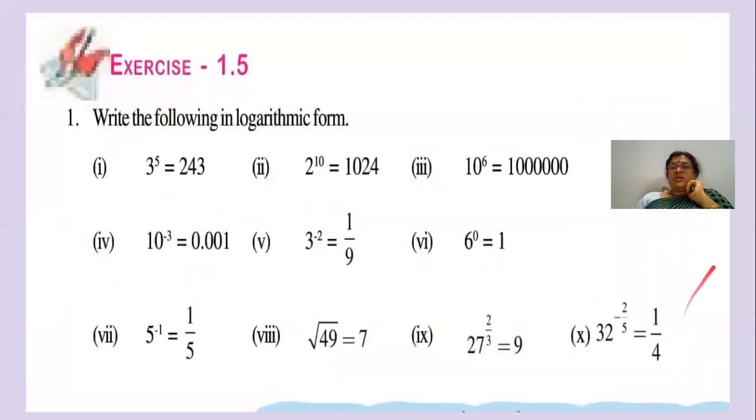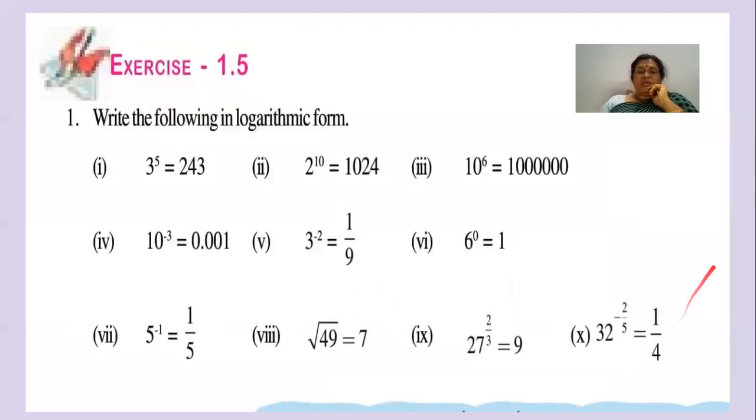See, these are the problems I have given. You can pause this slide and note down all these problems in your notes and try to work them out. So these are the problems which are in exponential form. You have to change them into logarithmic form.